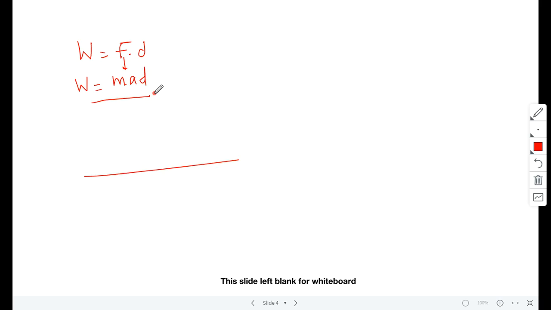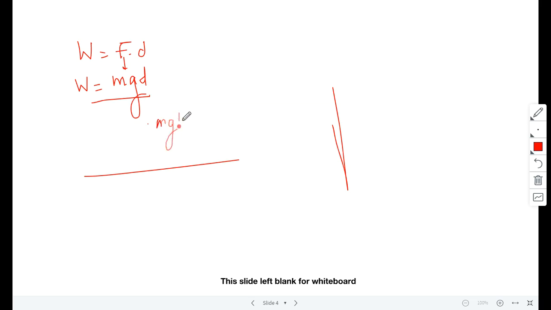When the same thing is happening in the vertical direction, against gravity or towards gravity, then this a changes to g and your d changes to h. Basically your distance becomes your height. So that's why mad becomes mgh. Is this clear?